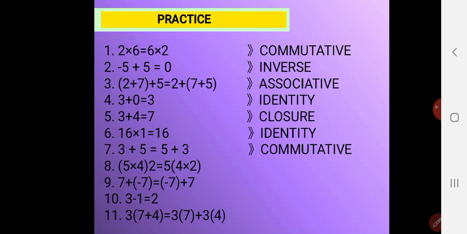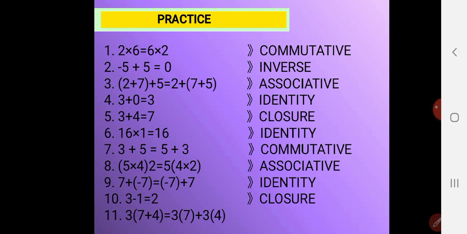Number 8, quantity 5 plus 4 plus 2 is equal to 5 plus quantity 4 plus 2. If your answer is associative property, you are correct. Number 9, 7 plus quantity negative 7 is equal to negative 7 plus 7. If your answer is identity property, you are correct.